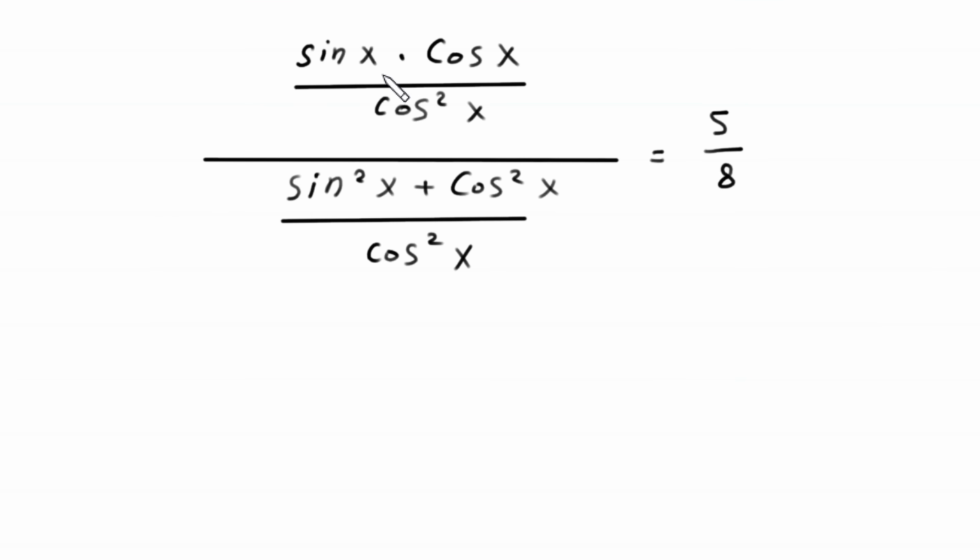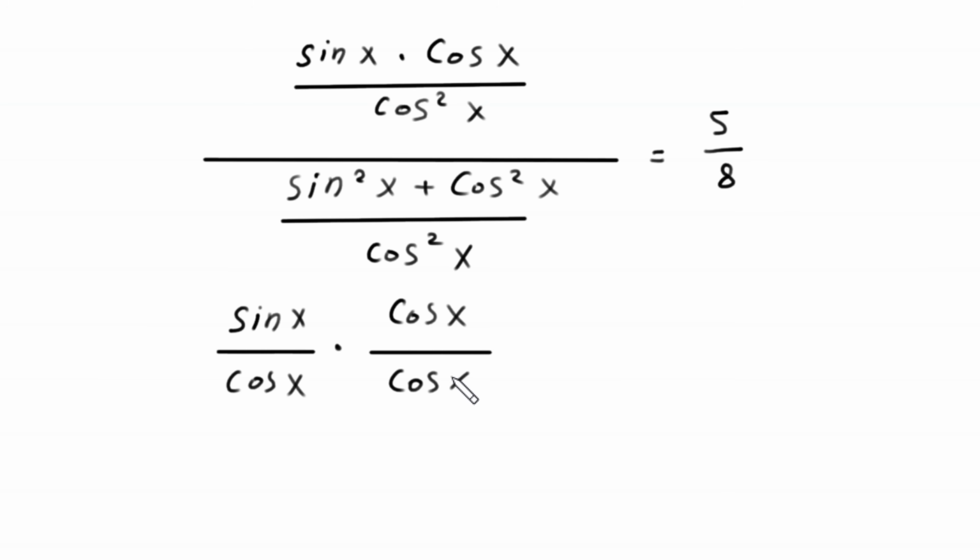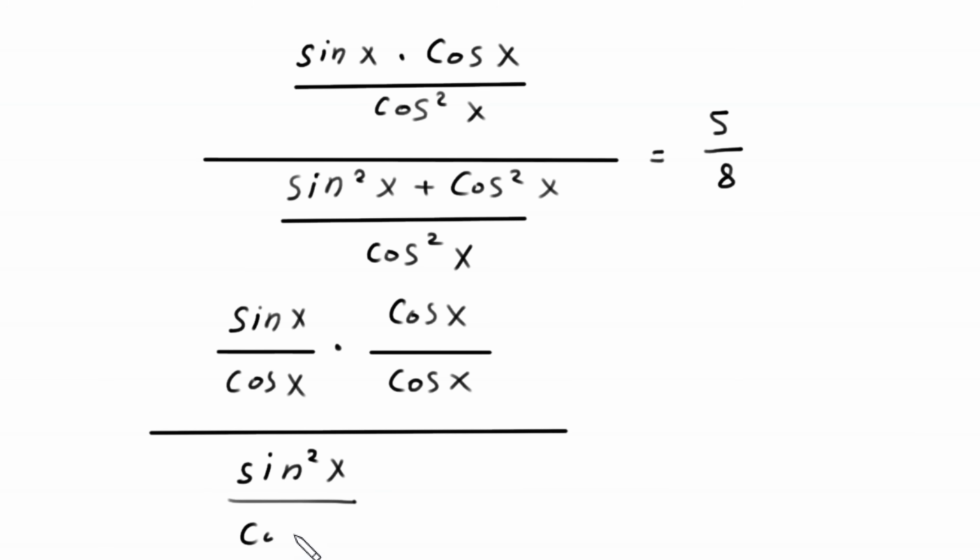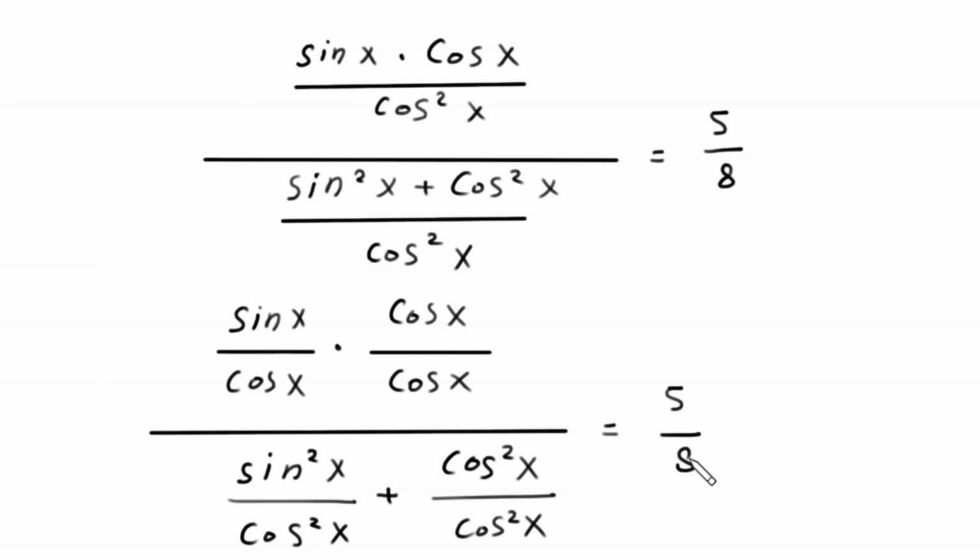Now this numerator can be written as sin of x divided by cos of x times cos of x divided by cos of x, divided by, and this denominator can be written as sin squared of x divided by cos squared of x plus cos squared of x divided by cos squared of x, equal to 5 over 8.